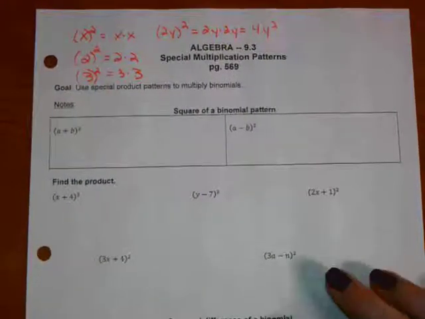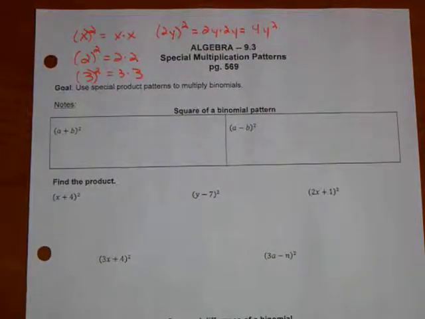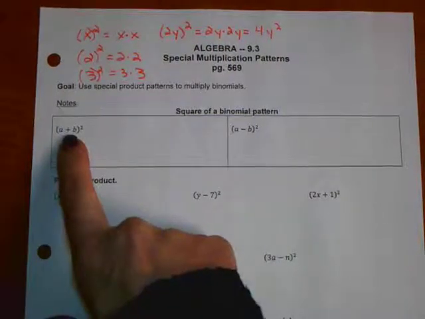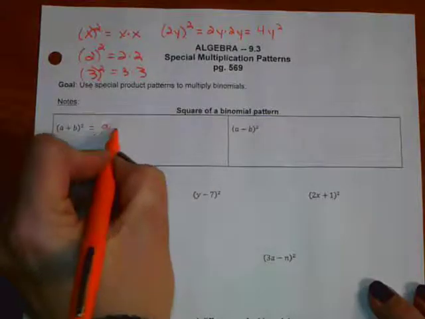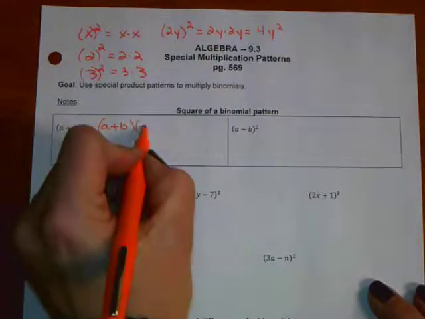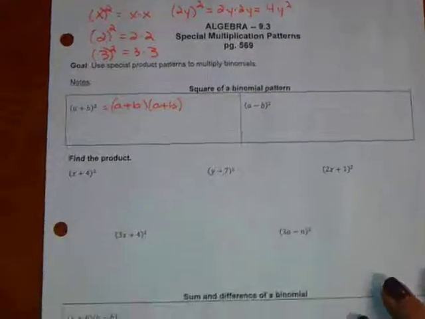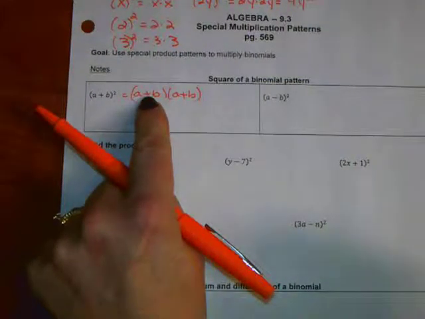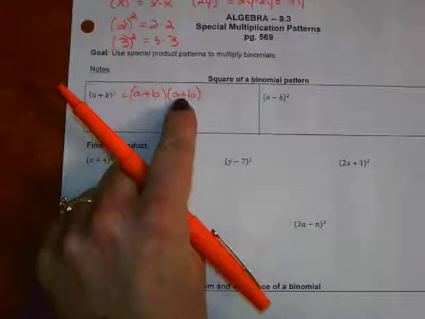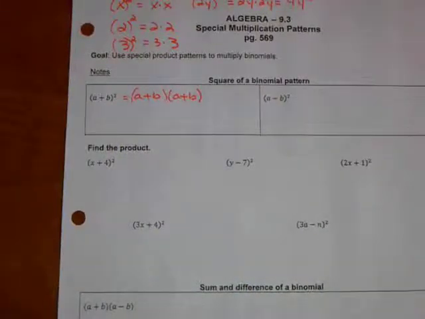Okay. Sometimes when you have to multiply two binomials and they're exactly the same binomial, a plus b, remember, this just means a plus b times a plus b. And when you have the exact same binomial times itself, there's a special pattern that if you can remember will make your life a whole lot easier.